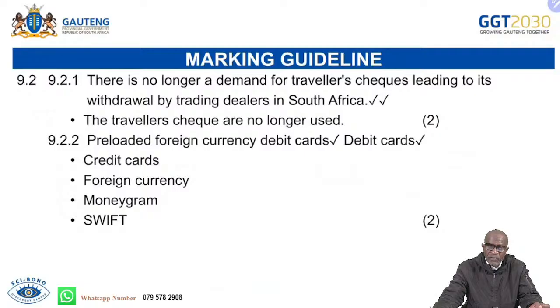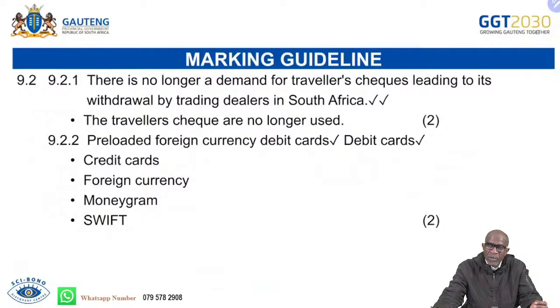9.2.2, preloaded foreign currency debit cards is one of the methods that has replaced the traveler's check or the bank draft. So this method of payment has been replaced by almost all the methods that we have alluded to, and the question needed you to give only 2.